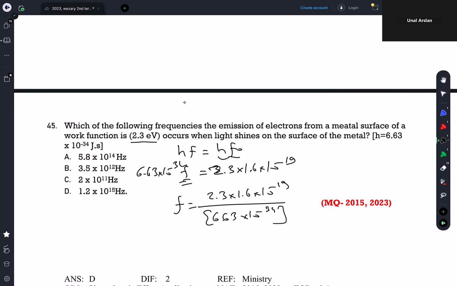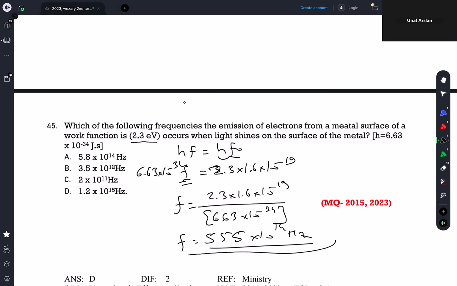I'll use the calculator. Answer: the frequency is 5.55 times 10 to the power of 14 hertz.